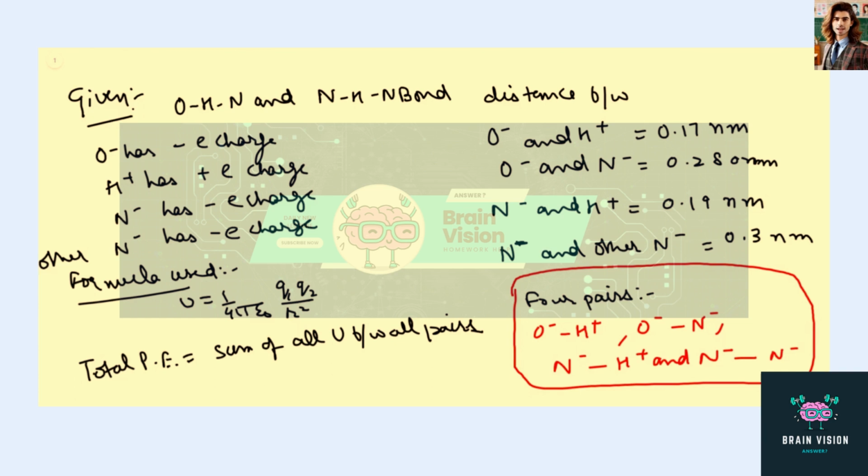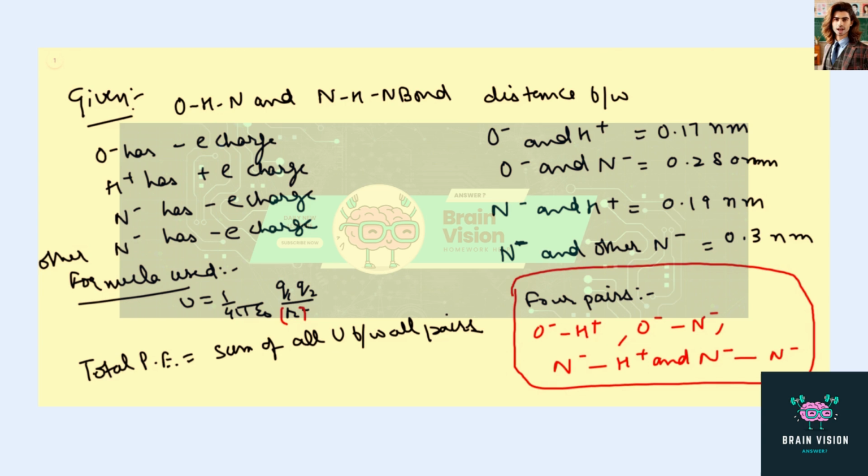We have Q1 and Q2, which are these values, and we know the value of R. Sorry, there is a mistake here, it should be just R, a single R. There is no R square here. The distance between O minus and H plus is 0.17 nanometer.